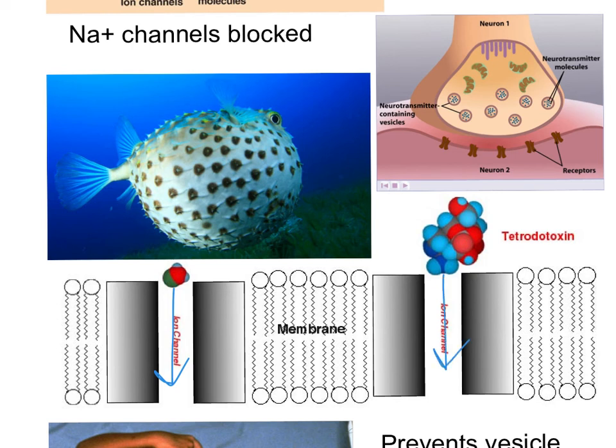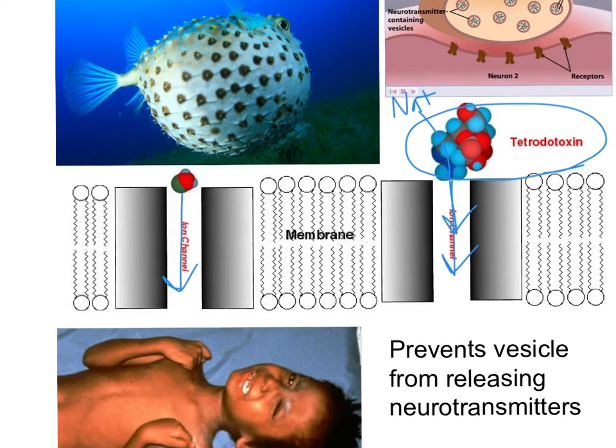So those sodium channels should be opening, allowing sodium to come in, but in the case of the pufferfish, it produces a toxin called tetrodotoxin, which binds to the sodium channels, and thus sodium cannot get in to the neuron. So if sodium is not getting in, I would have no action potential. Thus, all of my neurons downstream would not receive a signal because this neuron is not sending an action potential.